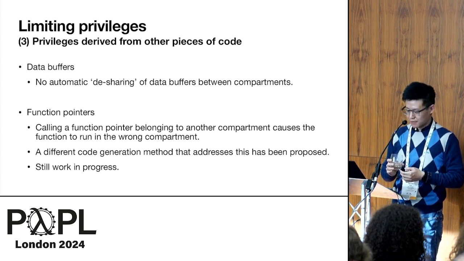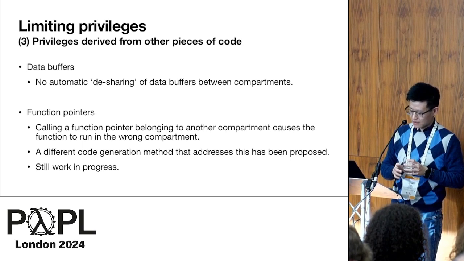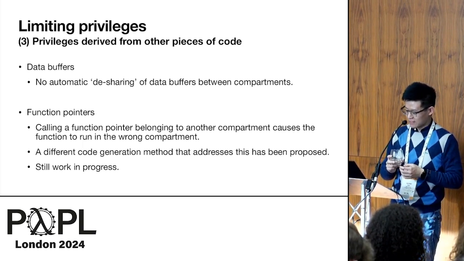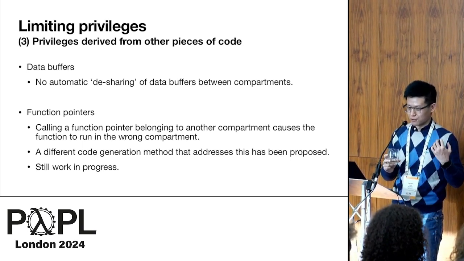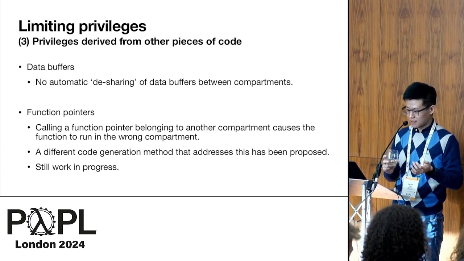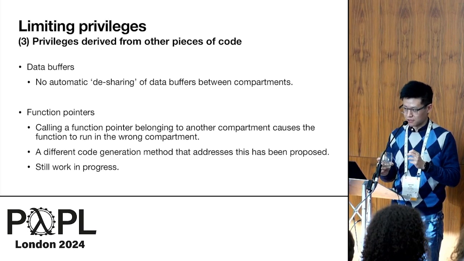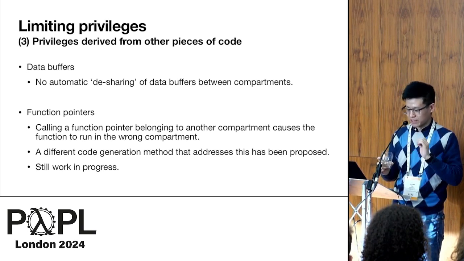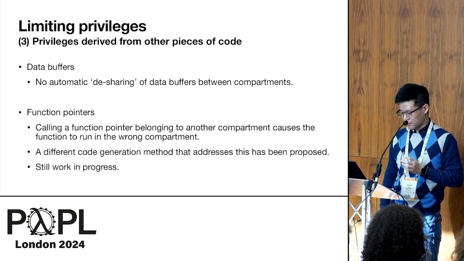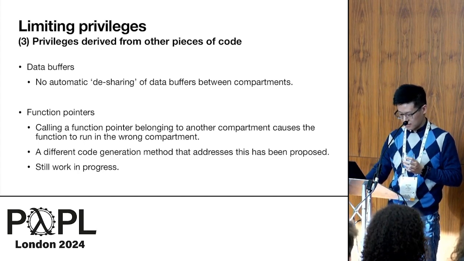So we have a way of modifying the compiler and linker to address this issue, such that when you pass a function pointer to another compartment and the other compartment calls this function pointer, you get a proper domain transition back to the original compartment. This is also still a work in progress.